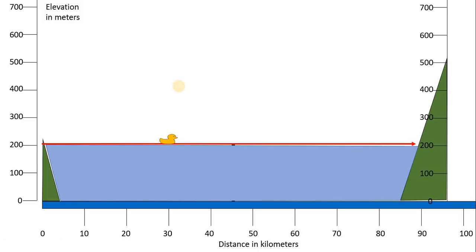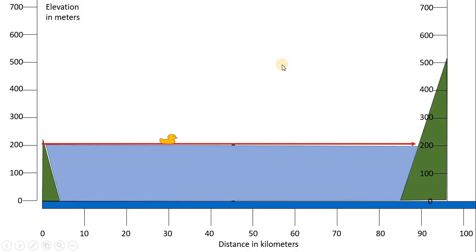Imagine our duck, and we're looking at that duck, and the duck moving away towards the hills in the distance. We would still be able to see that duck if it was large enough, and it would remain at 210 meters. When it got to the hillside and sat on dry land at the hillside, it would be 210 meters up the hillside. It cannot be floating in the air above the hillside.